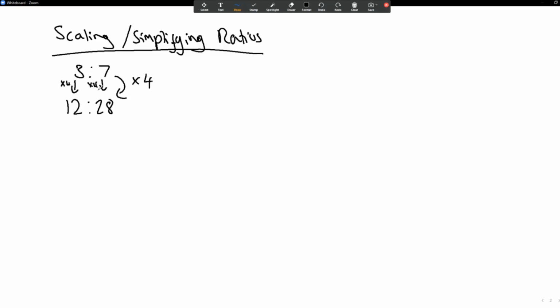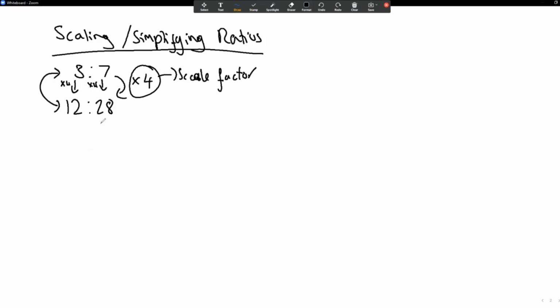So it kind of works like an equation in the sense that if you multiply one side by 4, you have to multiply the other side, or all of the parts of the ratio. So this is the same ratio as this. It's the same thing. It's just that this has been scaled by what we call a scale factor of 4. So that's what we can do.